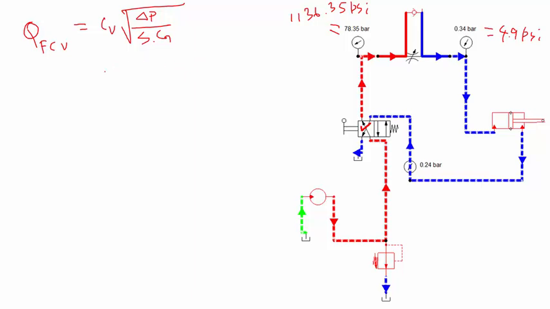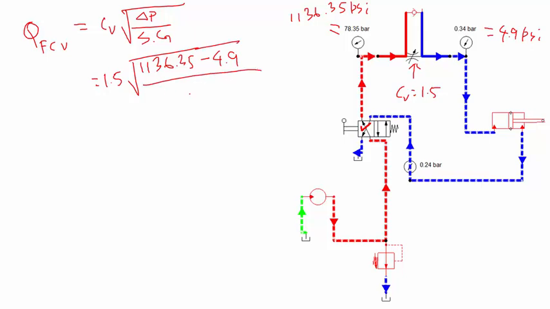So then you can put it here. Let's assume that the flow control valve coefficient is 1.5. So 1.5 times the square root of 1136.35 psi minus 4.9 psi, divided by specific gravity.